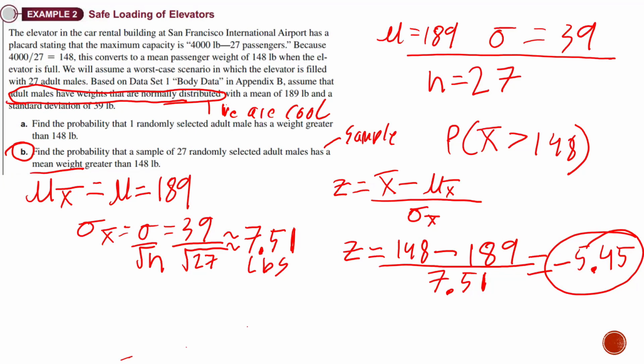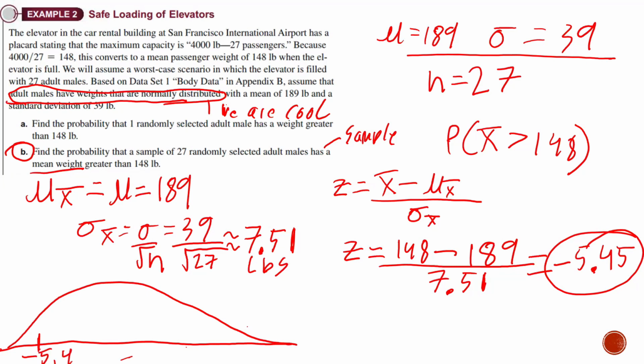And here, what am I looking for? So here's my z. I'm looking for area to the left or to the right? To the right. Okay, so we might have to modify because of our table.